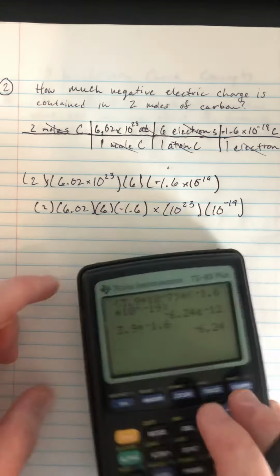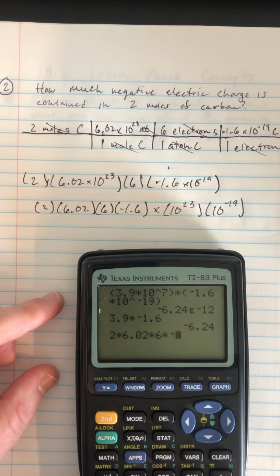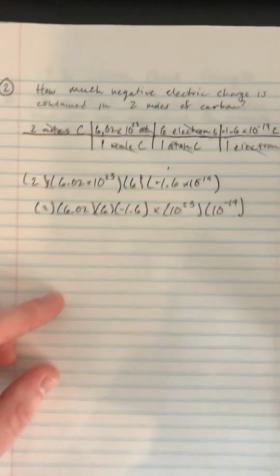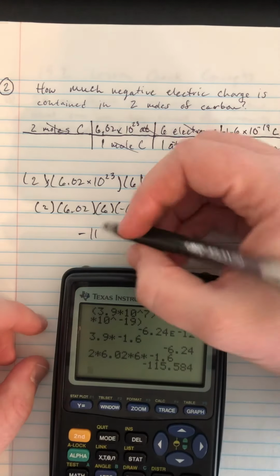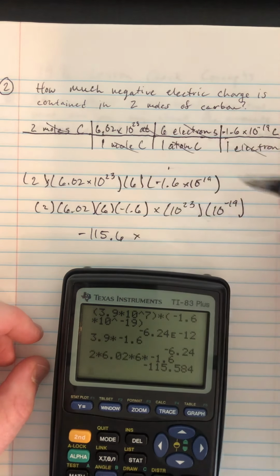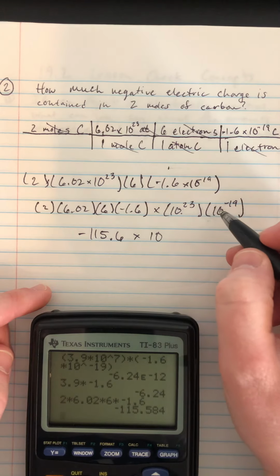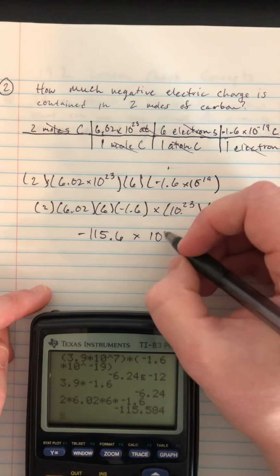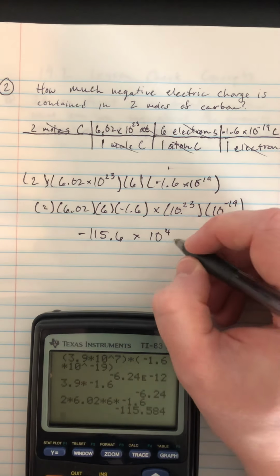So we do all this stuff first. 2 times 6.02 times 6 times negative 1.6 will give us negative 115.6, we'll call it, times 10 to the 23rd, 10 to the negative 19th. That'll give us 10 to the 23 minus 19, which should be 4, 10 to the 4th power. So we get 115 times 10 to the 4th coulombs.